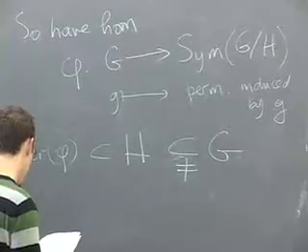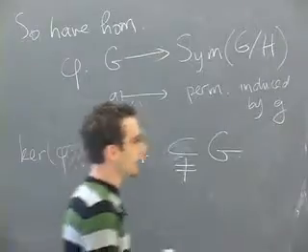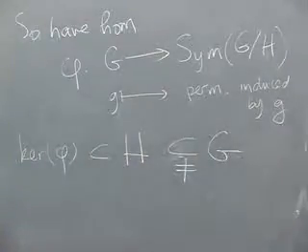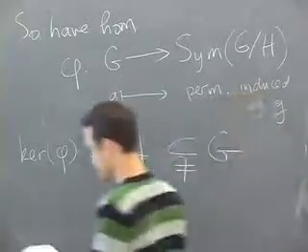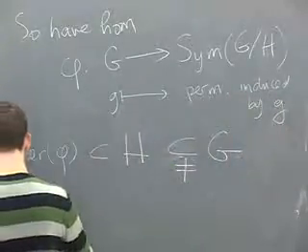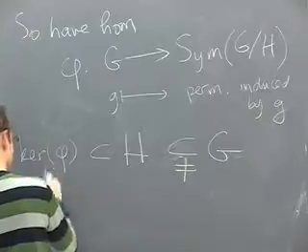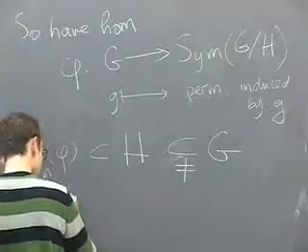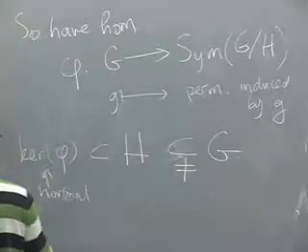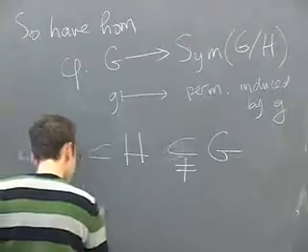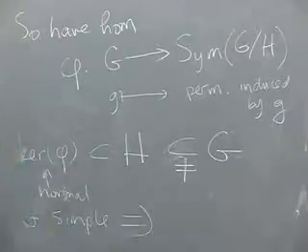Moreover, we had a hypothesis here: G is simple, right? This thing is normal. So G is simple. What is the kernel of phi?